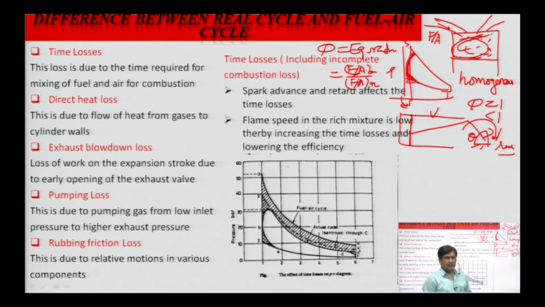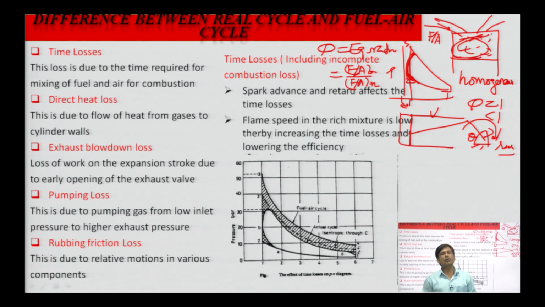So, this burning time loss depends upon the value of the air fuel equivalence ratio, whether the mixture is lean, with phi less than 1, chemically correct, with phi equal to 1, or rich, with phi greater than 1. So, it depends on that.